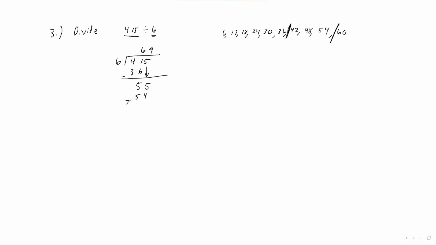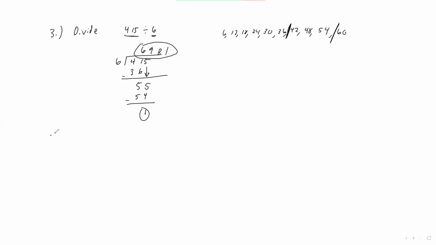So 55 minus 54 gives me 1. In this case, we're not doing decimals. So you would say the answer is 69, and what they like you to do is say, with a capital R, remainder of 1. So this is 69 with 1 left over to almost be 70, right? That would be how they want you to write that final answer.